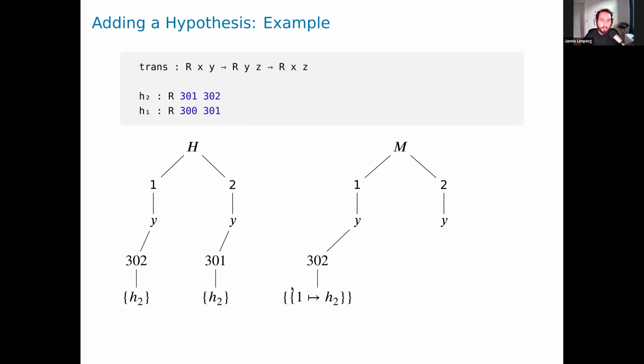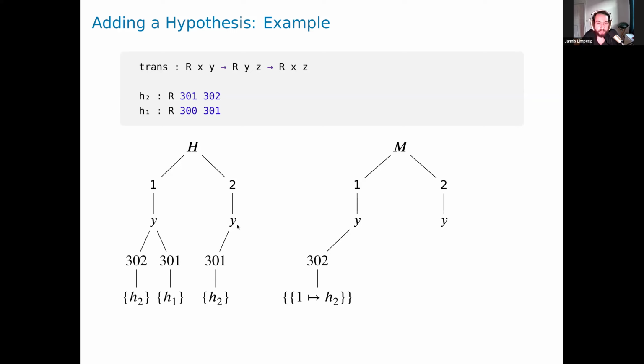Because the matches in slot 1 are the ones that we can possibly extend with a slot 2 hypothesis, such that y is instantiated with 301, because the matches that we consider need to be consistent on the shared variable y. So we look in this map, slot 1, shared variable y, 301. Unfortunately, there's nothing, so we can't extend anything. Okay, sure.